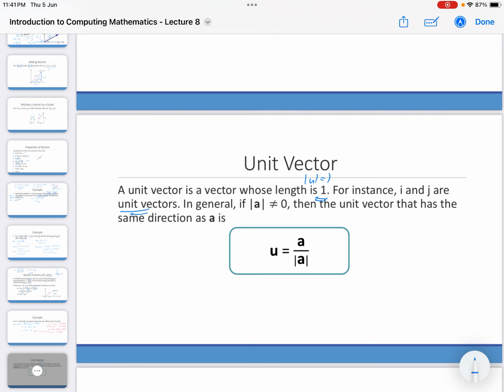And then in general, if the magnitude of a is not equal to 0, then the unit vector that has the same direction as a is this one. So we can find, for any vector a, the unit vector of a using this. First we find the magnitude of a, and then the vector a divided by the magnitude of a gives the unit vector.